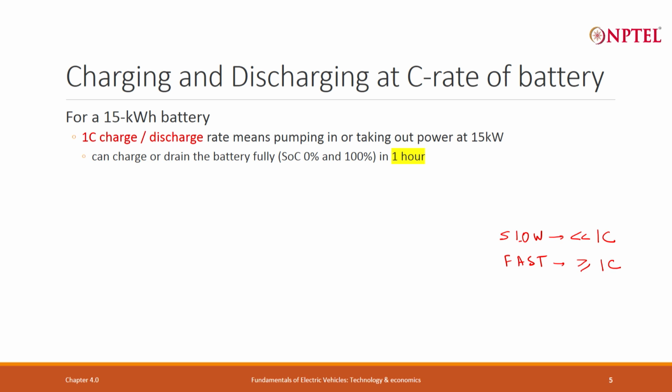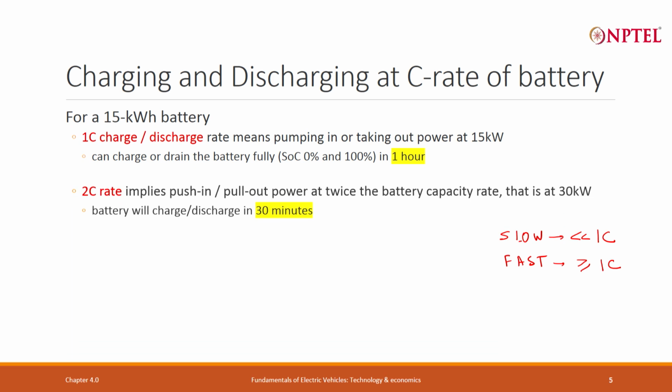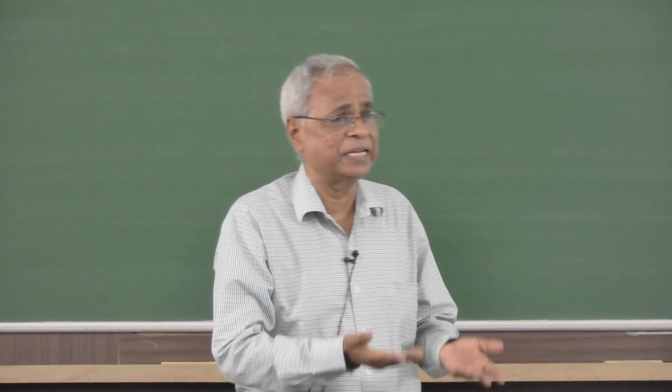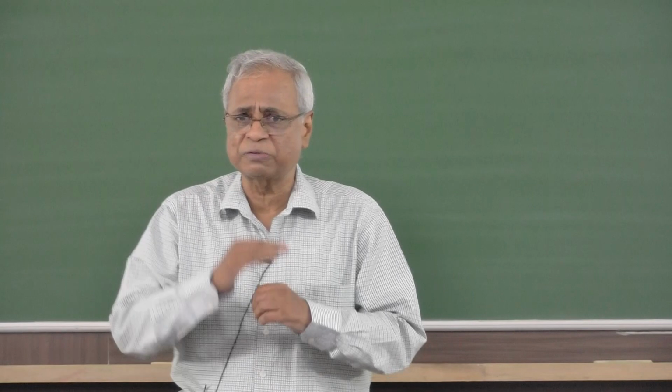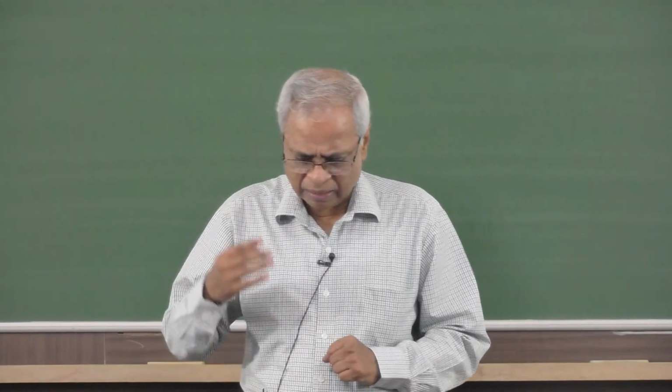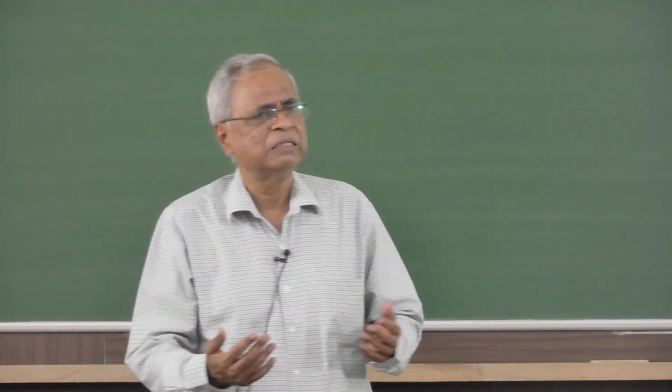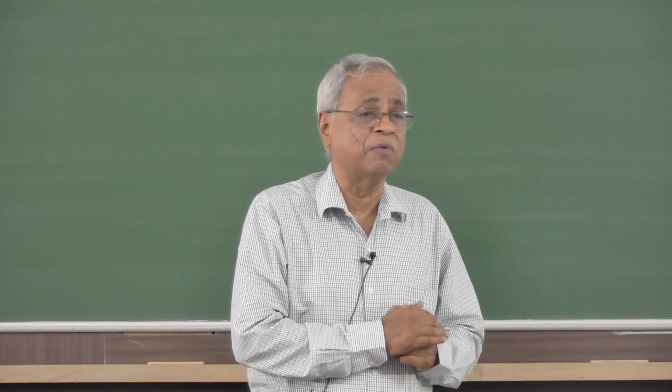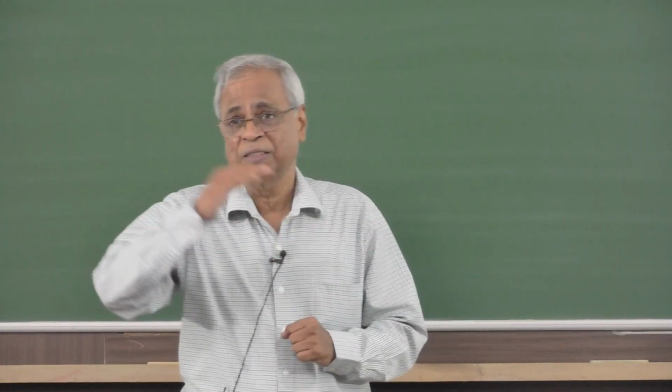So, that is the 1 C. 2 C basically means half the time, twice that rate. So, actually you can charge from 0% to 100% in 30 minutes, and 0.1 C will mean it will take you 10 hours to charge from 0% to 100%.